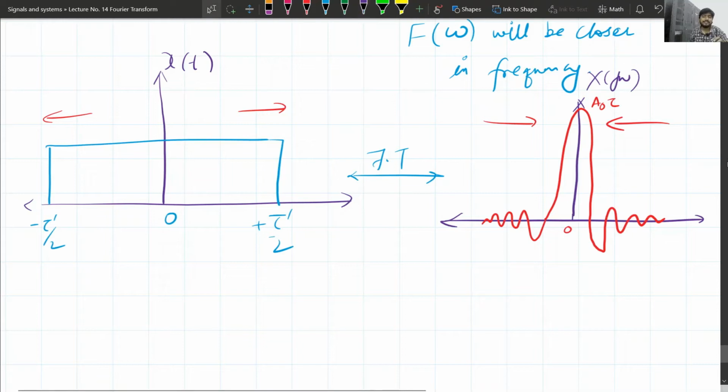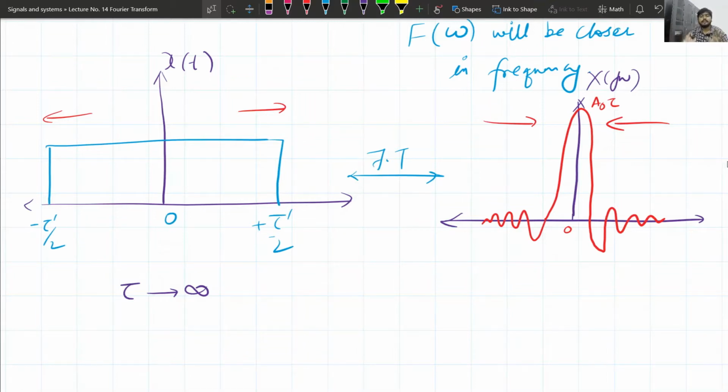This is X of omega and this is x of t. Now just imagine a situation. Suppose we take a limit tau tends to infinity. We expand the rectangular signal to infinity. In that case, it will no longer be a windowed rectangular signal.